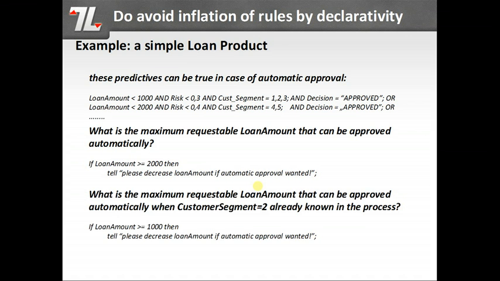Then we would get another small part of the business rule, and we would say if loan amount greater than 1000, then tell decrease loan amount, etc. Okay, I hope this is now clear that in this case, if we cannot handle the business rules another way, then we would get some more rules and some redundancy.